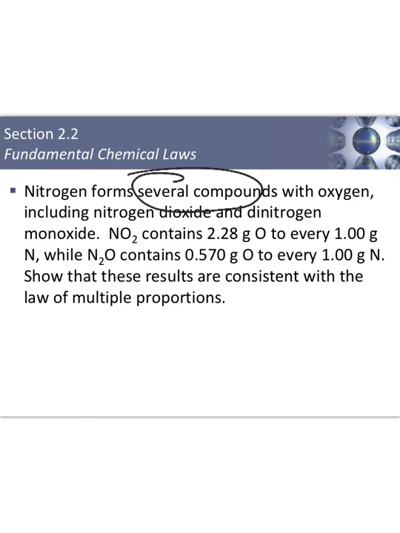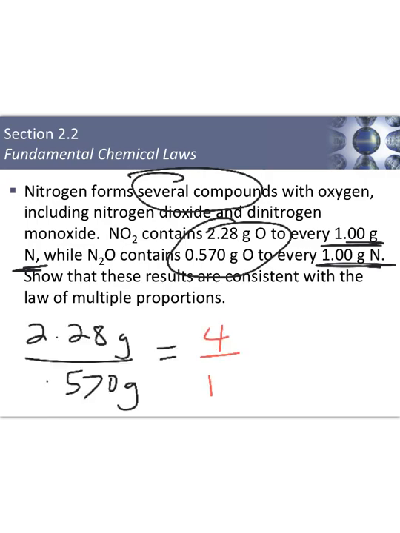So we have to have the common, 1 gram of an element, in this case nitrogen, and then we can compare the masses of the oxygen. When we compare the masses of the oxygens in the two different compounds, we get a 4-to-1 ratio. We get a small whole number ratio. This is showing our law of multiple proportions.